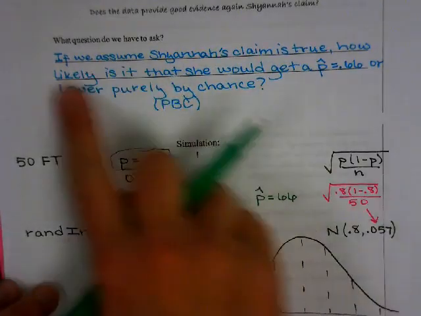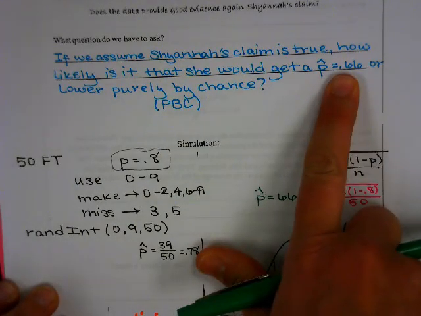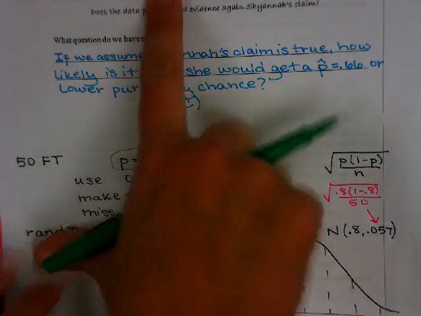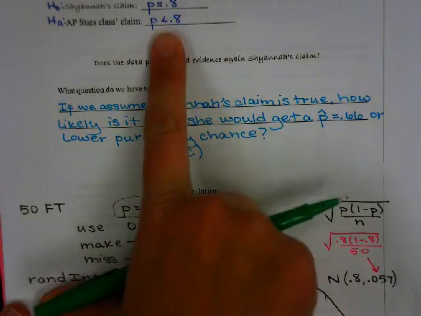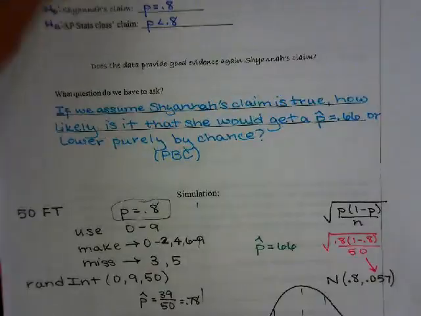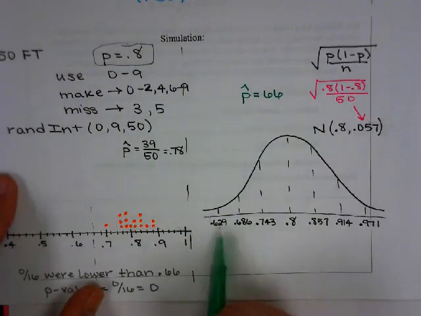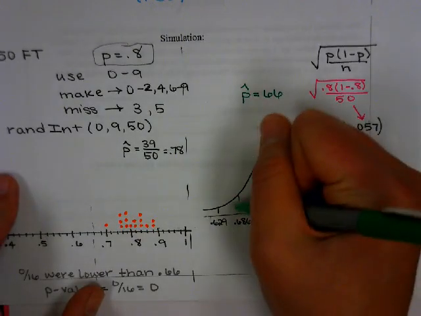So 0.66 is somewhere in between these two, probably closer to the 0.68. So I'm going to say like there. So here's 0.66, and we're looking at it being less than, so we want to find this area under our curve.